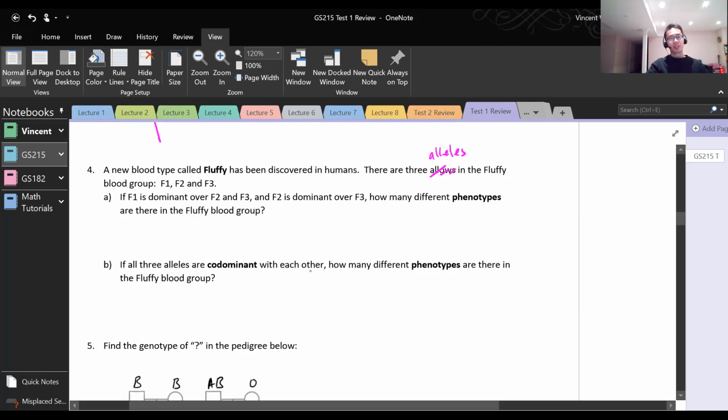So let's write out all the possible genotypes first. What are the possible genotypes here, people? If there are 3 alleles, F1, F2, F3, what are all the possible genotypes?